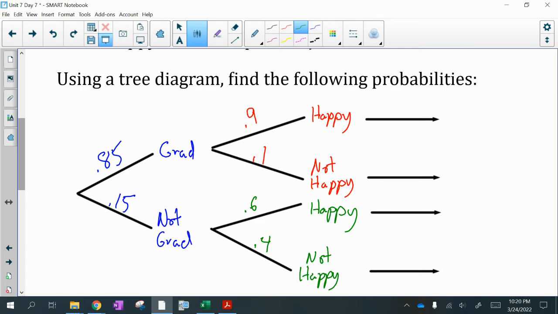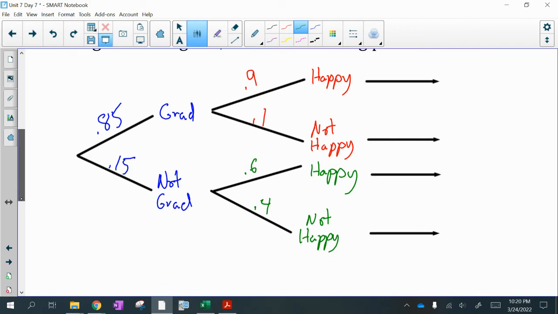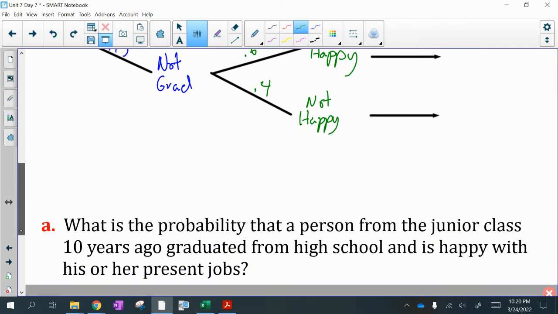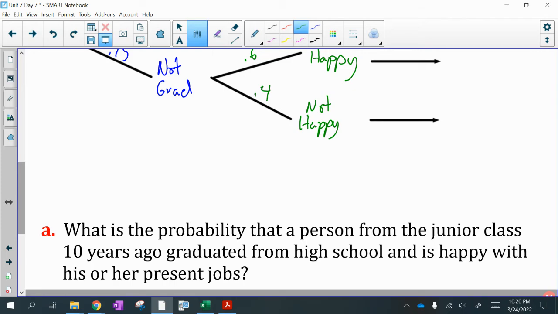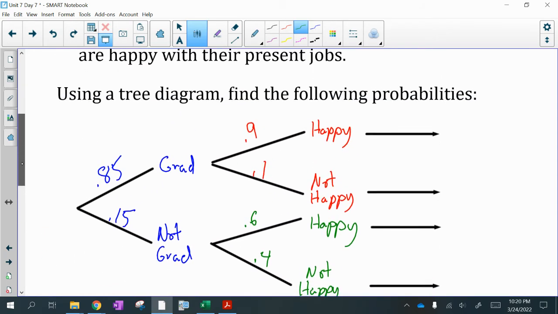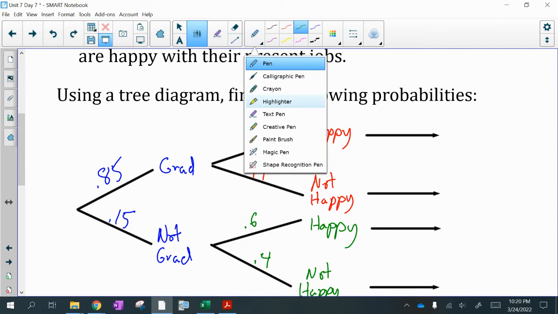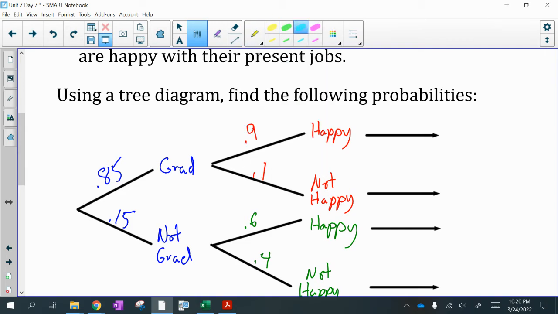Okay, so I've now got my information, and I need to see what sort of calculation I need to do because I've got my tree diagram. It says, what is the probability that a person from the junior class 10 years ago graduated from high school and is happy in his or her present job? So I'm going to follow along my path. Here's my graduated from high school, and here's my happy.